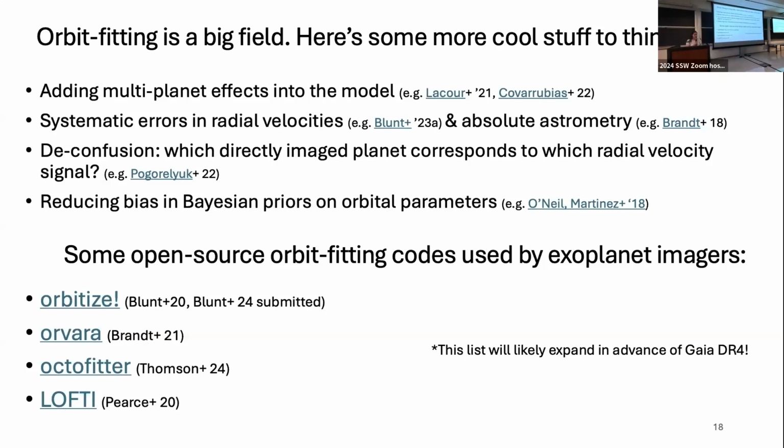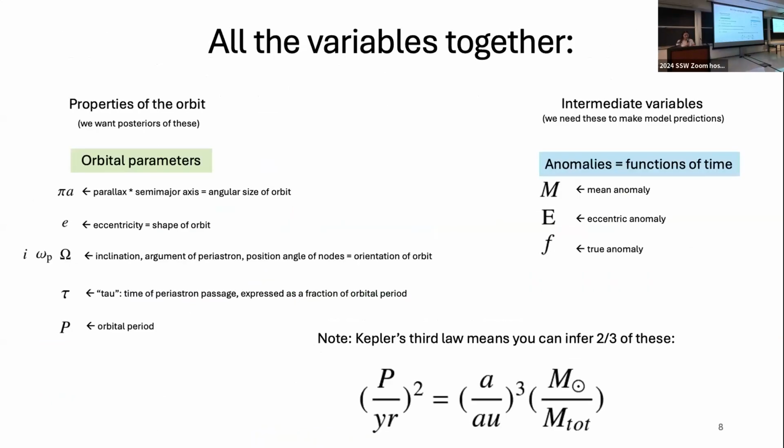Yeah, thank you. Good question. So the Thiele-Innes elements are a different parameterization. So let me go back to these. Here. This parameterization that I taught you is called the Campbell orbital elements, and Thiele-Innes is another parameterization. One really nice thing about the Thiele-Innes elements is that four of these parameters are linear, which means that you don't have to separately fit for them in an MCMC setting.